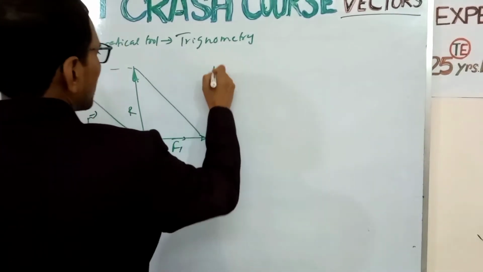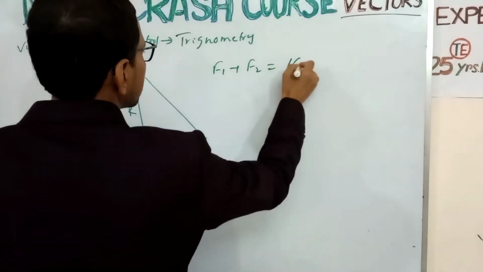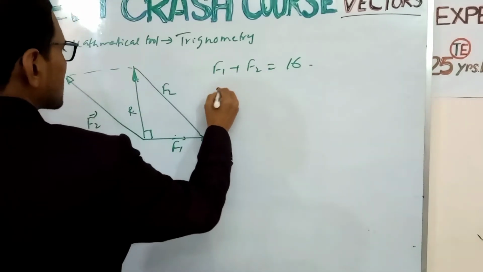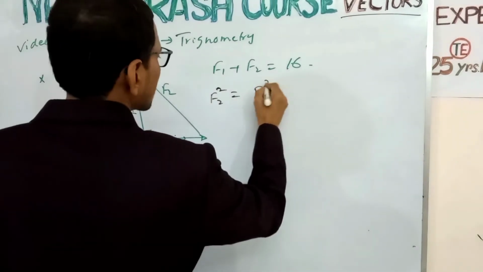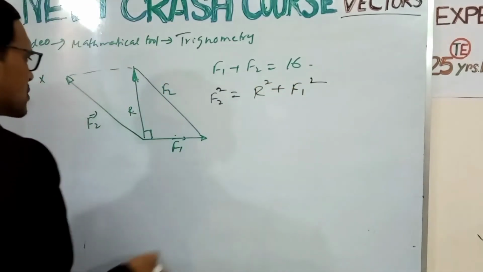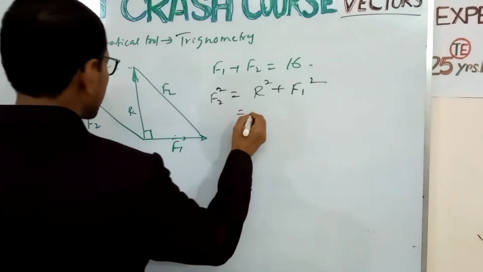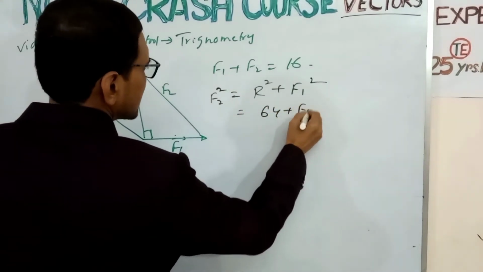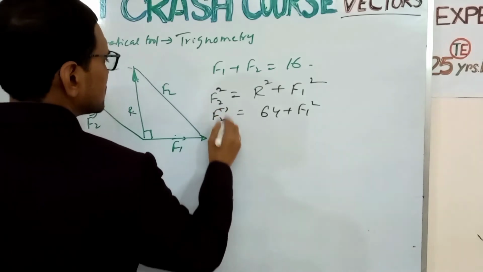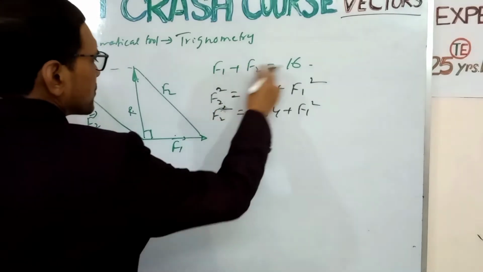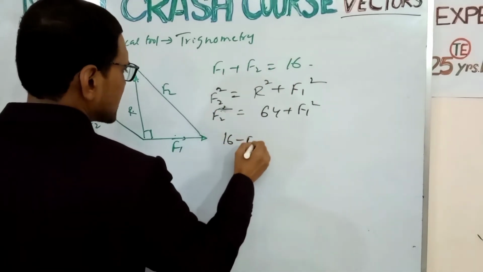The sum of the two forces, F1 plus F2, equals 16, and from the Pythagoras theorem we get F2 square equal to R square plus F1 square. Now the value of R equals 8, so 64 plus F1 square gives F2 square. Now F2 equals 16 minus F1, whole square.